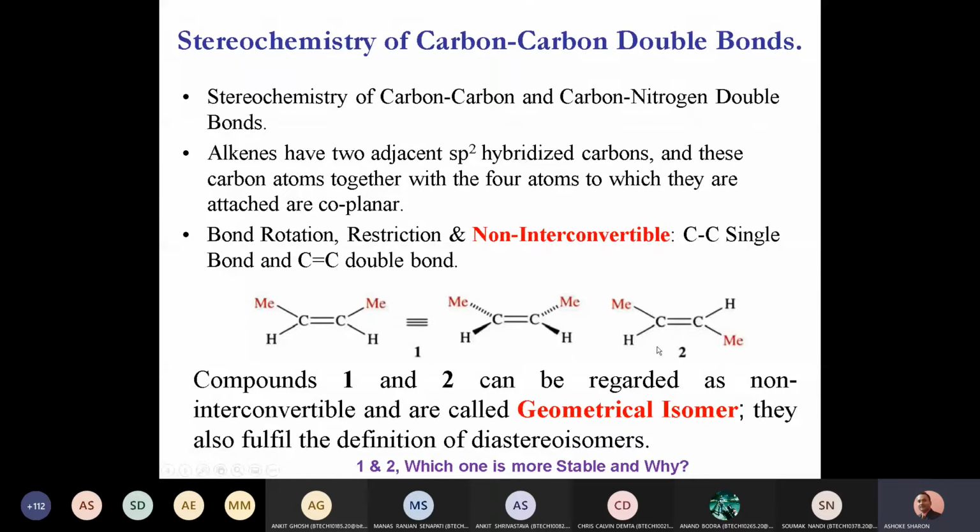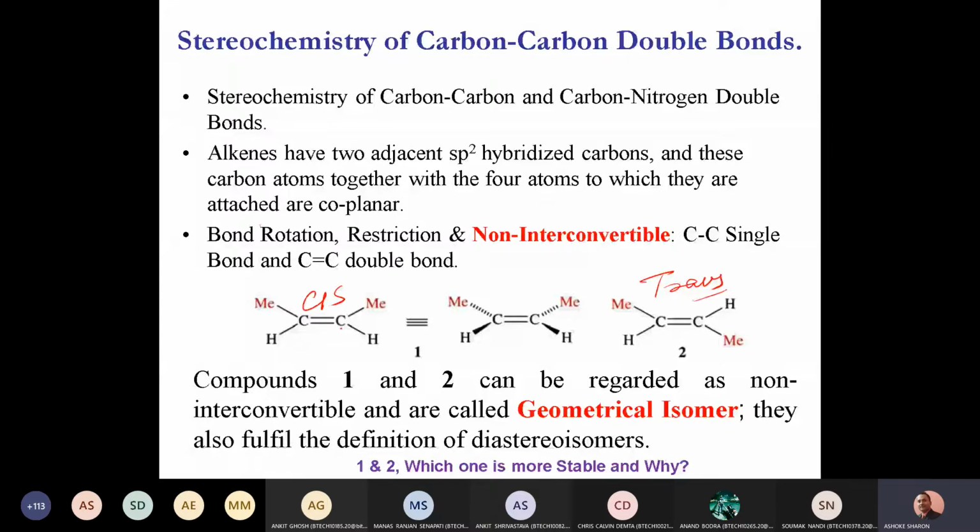Because rotation is restricted due to the presence of sp2. That is the reason these two isomers are called geometrical isomers. This one we can call cis, and this one we can call trans.